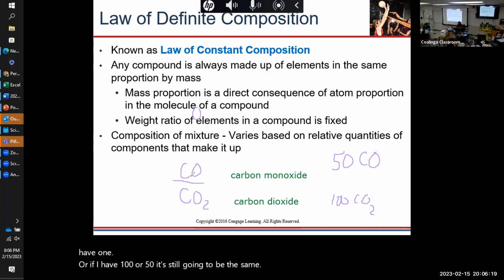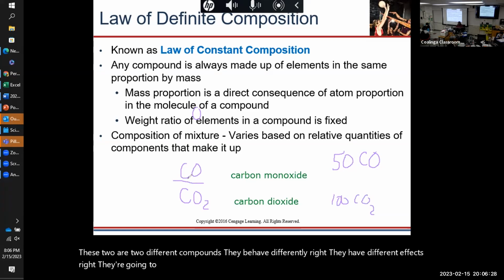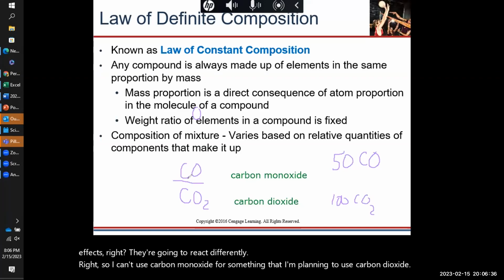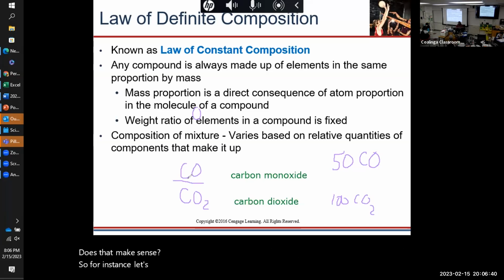These 2 are different compounds. They have different effects, right? They're going to react differently, right? So I can't use carbon monoxide for something that I'm planning to use carbon dioxide for. Okay. That makes sense? So for instance, let's say photosynthesis, because we use carbon dioxide for photosynthesis.